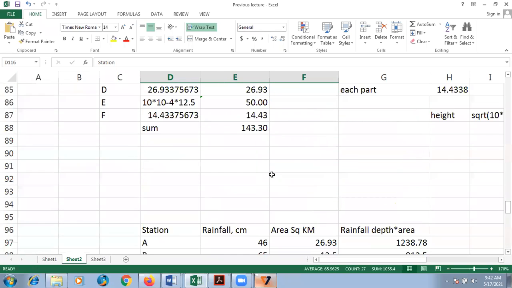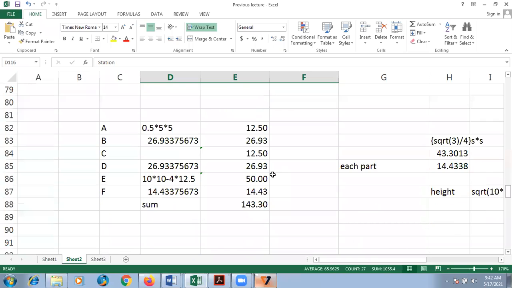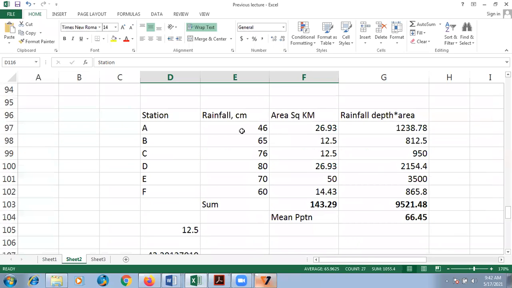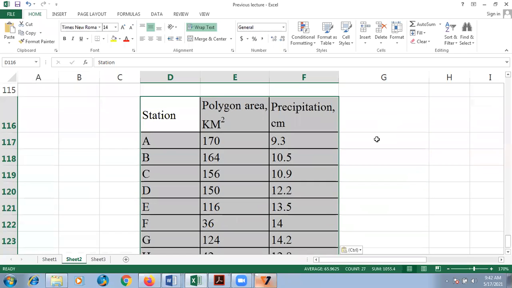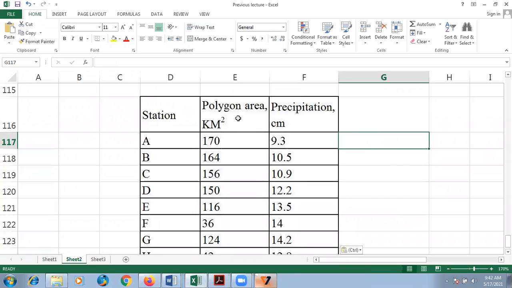So polygon area, look here. You have determined rainfall area, and then you have to take the product of these two. Product of these two is this column 2 multiplied by this column 3. So I will take the product of this 170 star 9.3. So similarly, you calculate for other locations too.